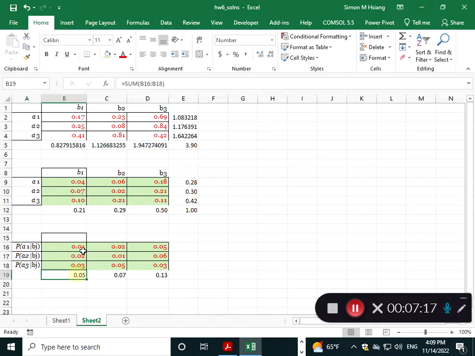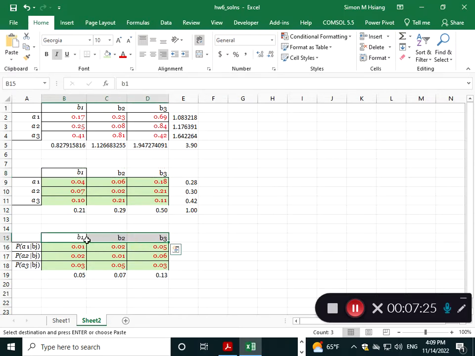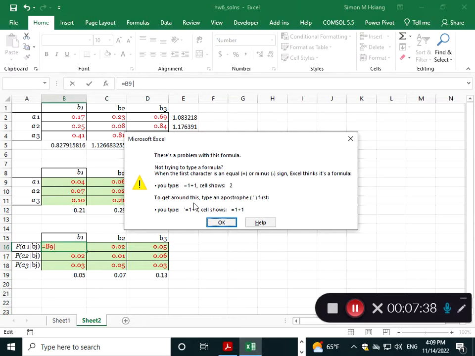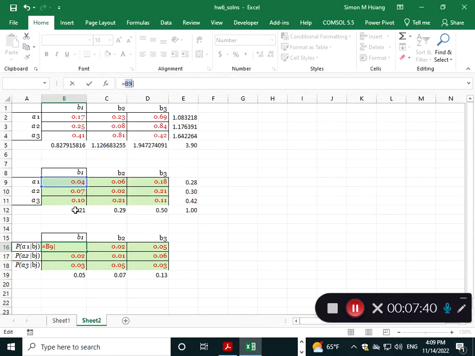Okay, so how do you create that? All you need to do is this. Everybody here equals whatever probability I have, given I'm in this group. What did I do?